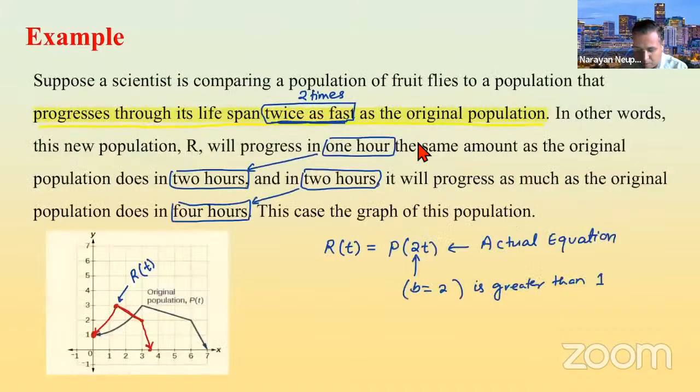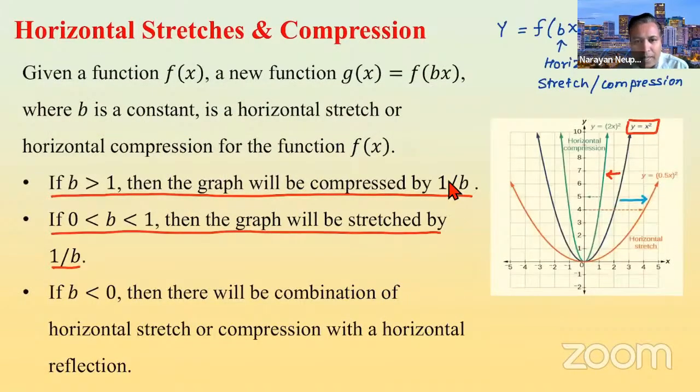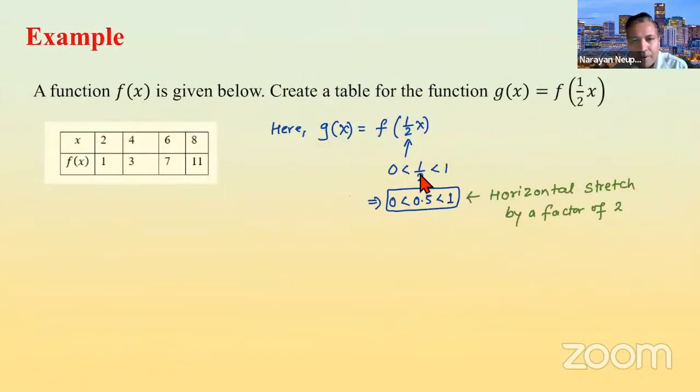If you remember from the original slide, we say that it is stretched by 1 over b, right? We talk about the reciprocal. So when there is a half, the reciprocal of half is 2. So there is a horizontal stretch by a factor of 2. That means the graph will be wider.